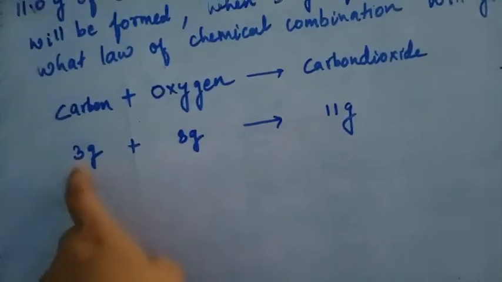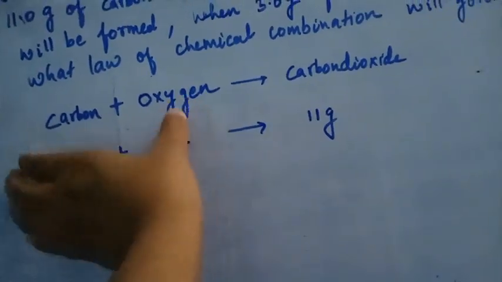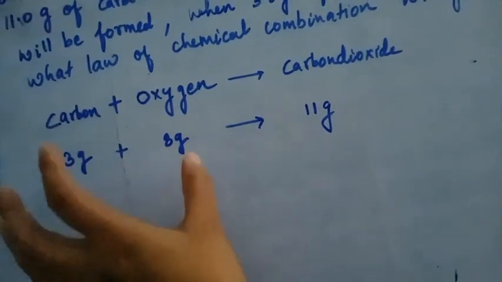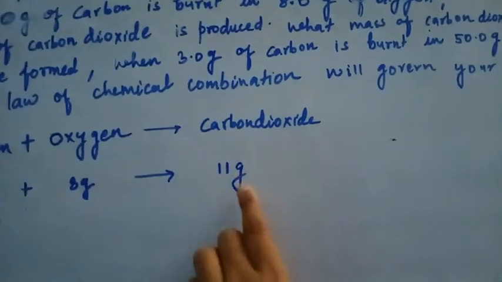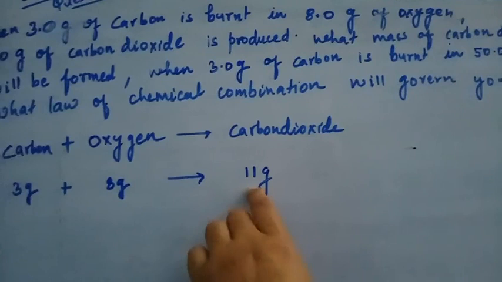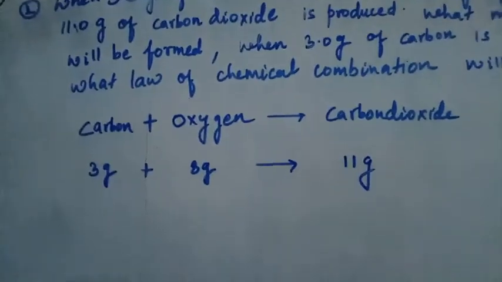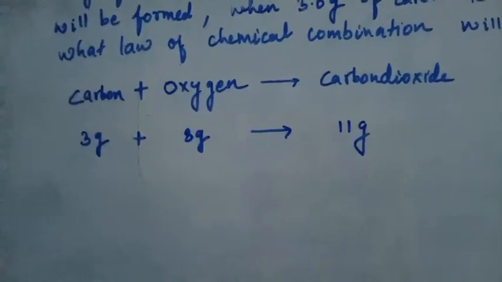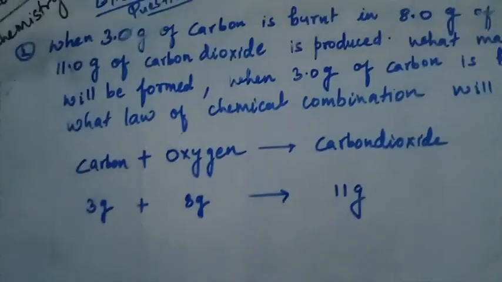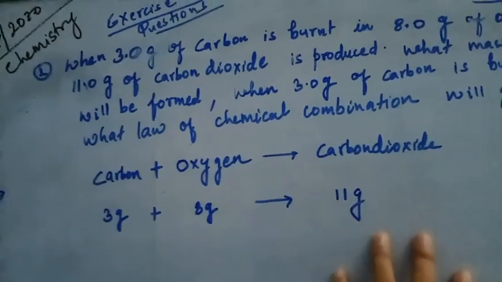If we add 3 plus 8, we get 11 here. 11 gram of carbon and oxygen are completely used in the reaction to form the product carbon dioxide, which again will be 11 gram only. So there is no change in the mass of reactants and products. Before the reaction the mass was conserved, and after the reaction also the mass is conserved.